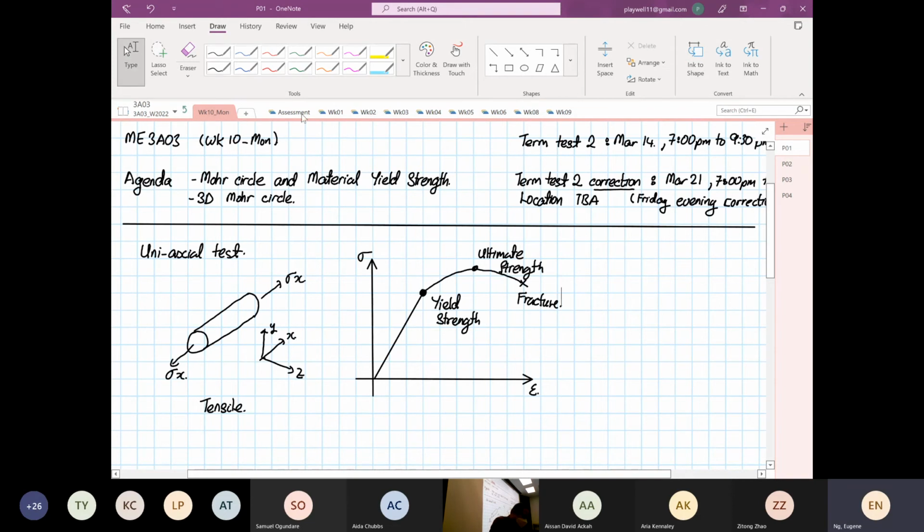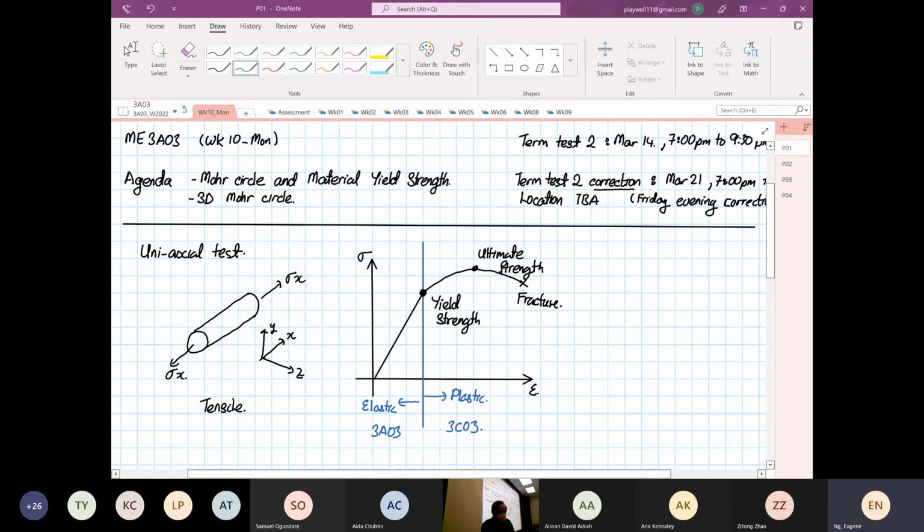So we will divide this. I'll just briefly go through this quickly. There are two regions over here. On the left-hand side is our elastic region, and on the right-hand side is our plastic region. So 3A03, everything is elastic. Plastic is 3C03, right?